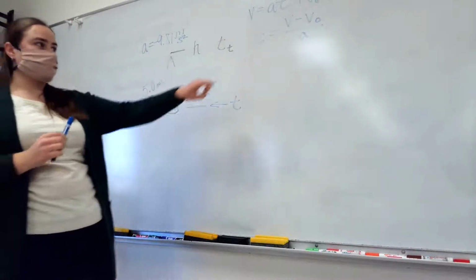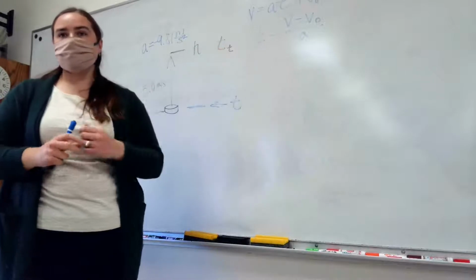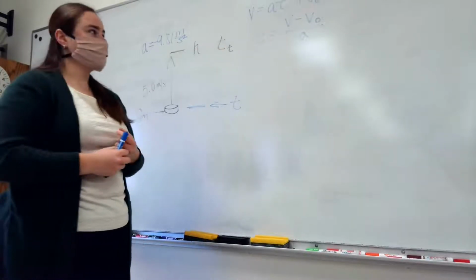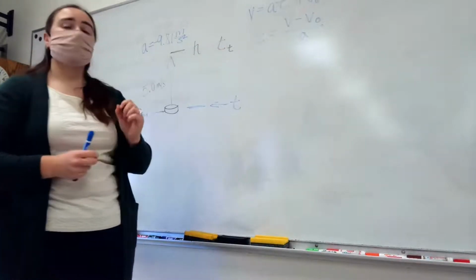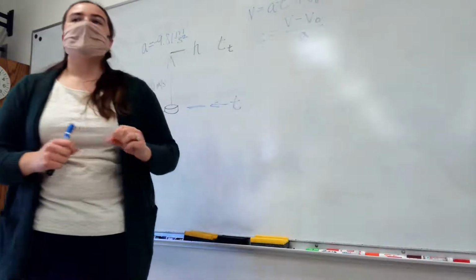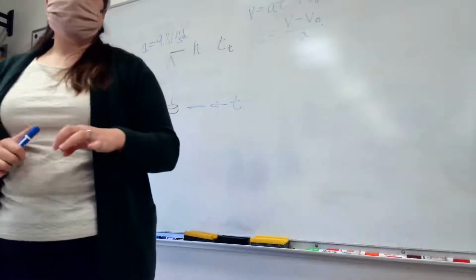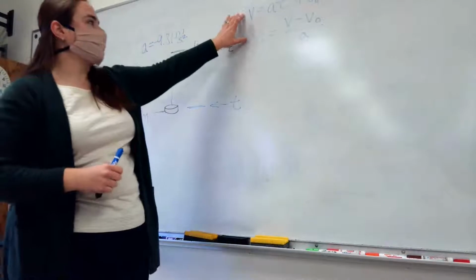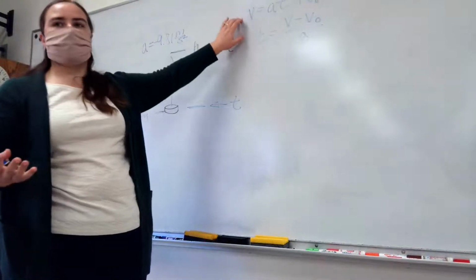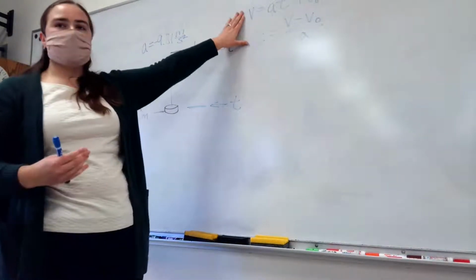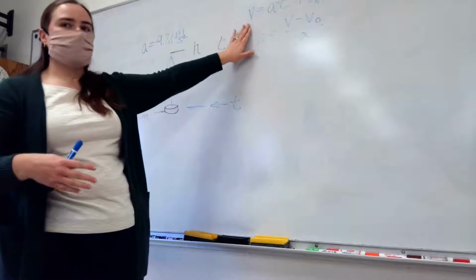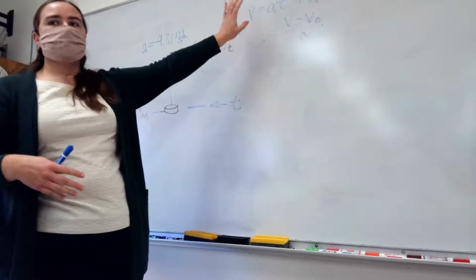This one's looking kind of promising because we are looking for time, right? I will tell you guys right now that if you can use this equation to find time, use it.